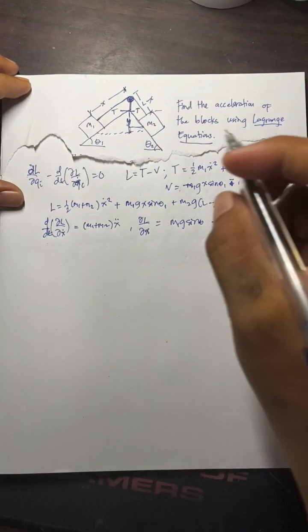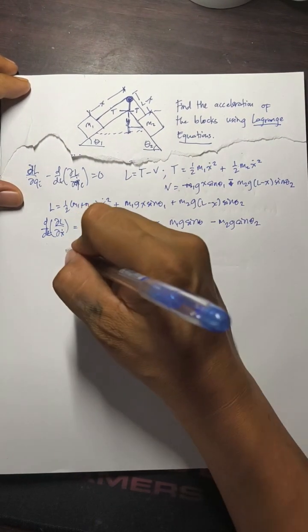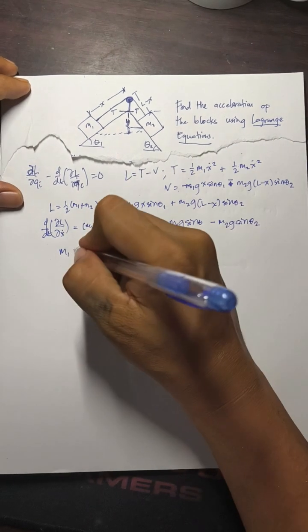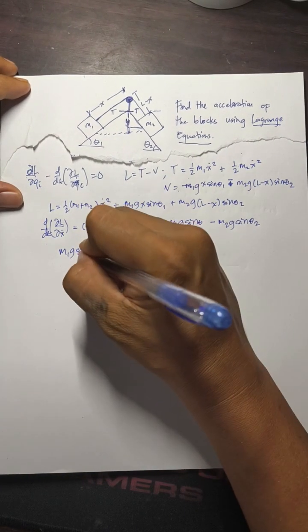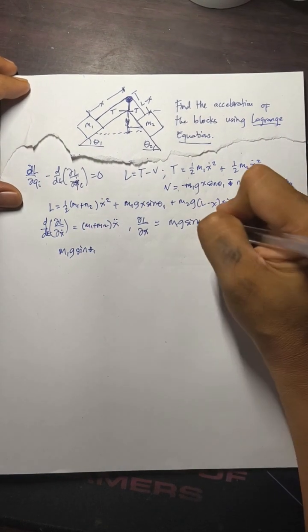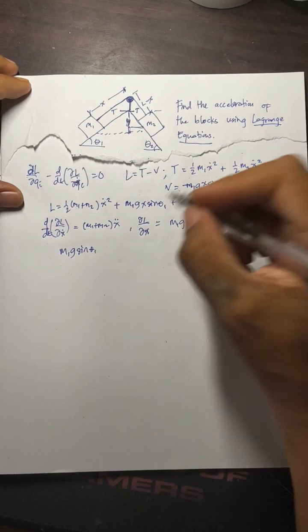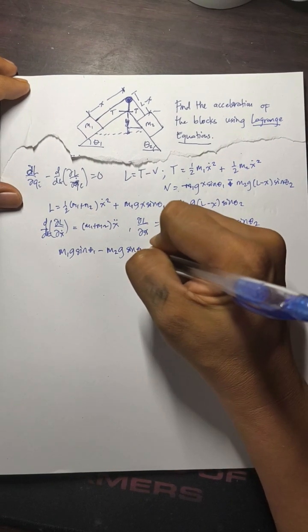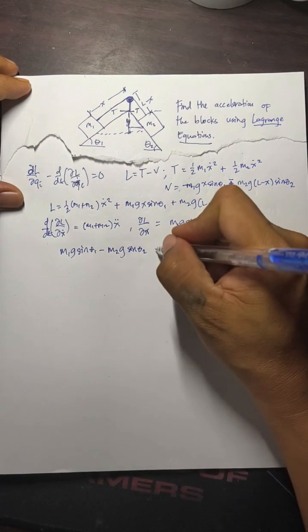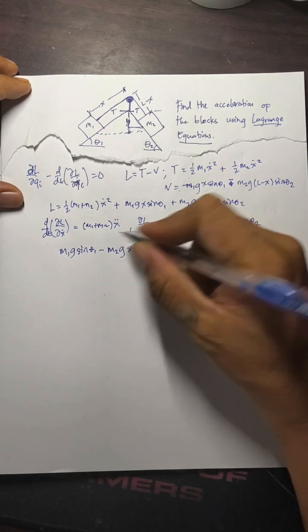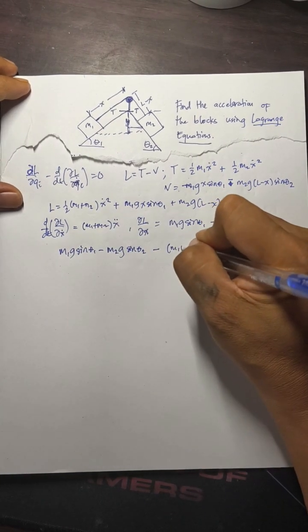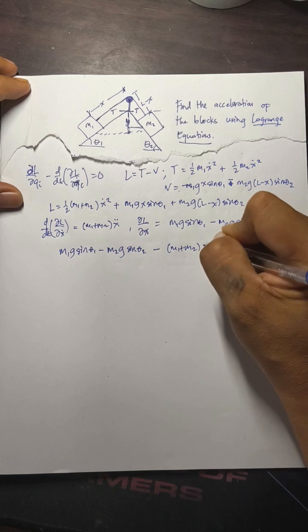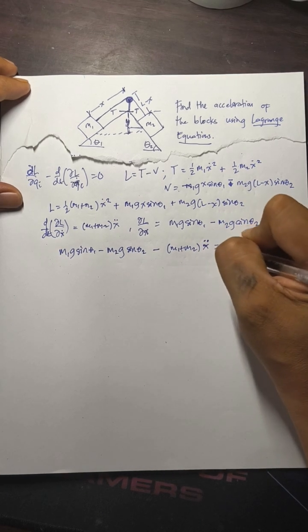So our Lagrange equation now would just be m1 g sine theta 1 minus m2 g sine theta 2 minus (m1 plus m2) x double dot equals 0.